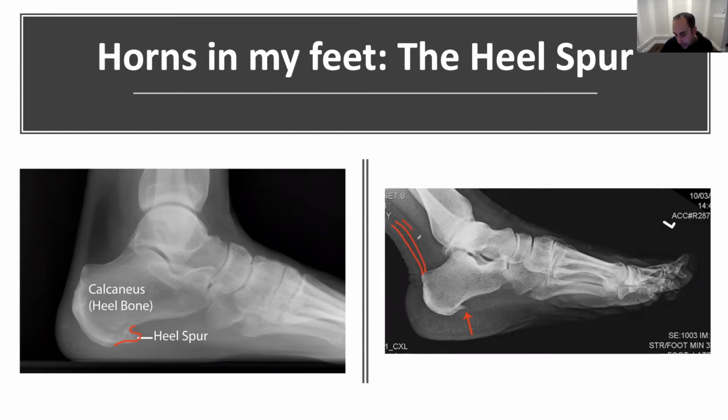The Achilles tendon ends right about there. And then the plantar fascia picks up right here and goes all the way down. So if your Achilles tendon is really, really tight, this will force your foot to curl in here and shorten the fascia and start pulling on the heel.